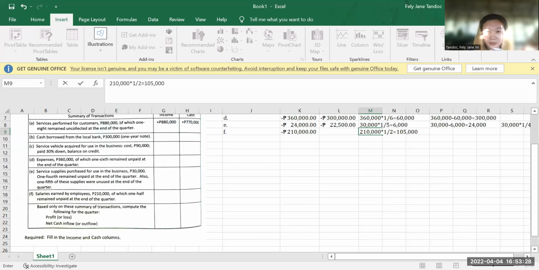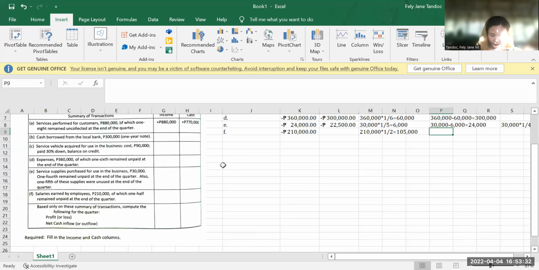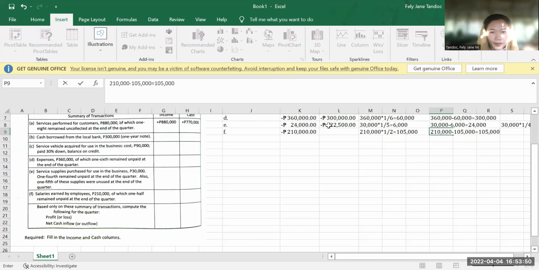We subtract that from 210,000, which amounts to 105,000 as well. So that is our entry for cash, minus 105,000.